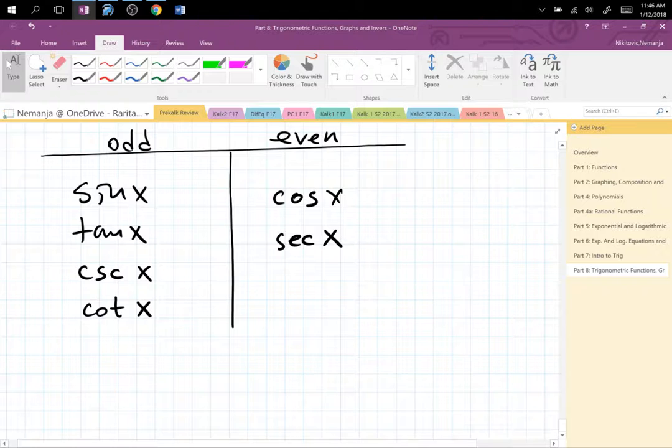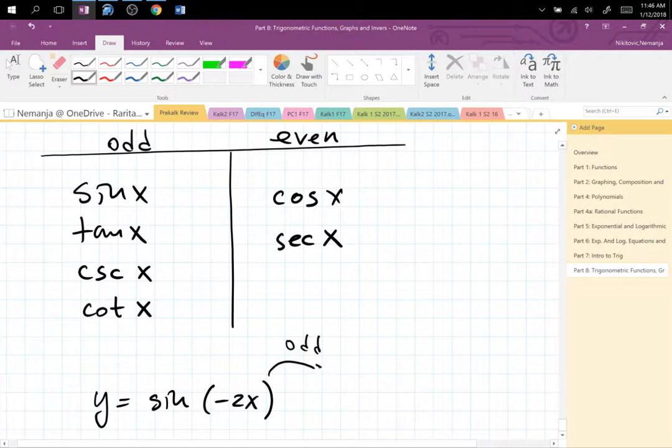So now, as you can see, negative b doesn't do much other than annoy the left and right shift. If you start with y equals sine of negative 2x, by the property of the odd function, that minus will jump in front and become a minus sine of 2x.